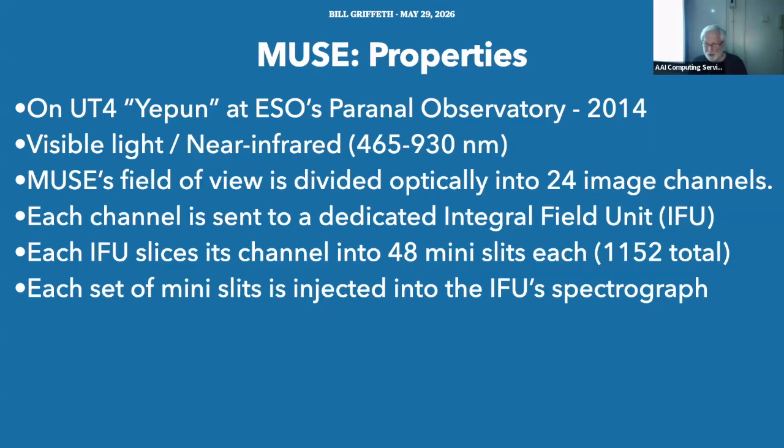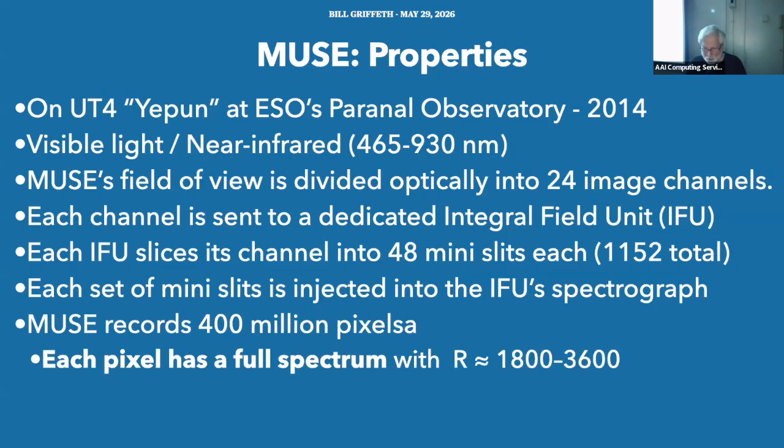And it's only that dispersed light, after two levels of optical slicing, that actually hits the CCD detectors and the information is digitized. So MUSE records 400 million pixels, where each pixel has a full spectrum with an R value ranging from 1800 to 3600.